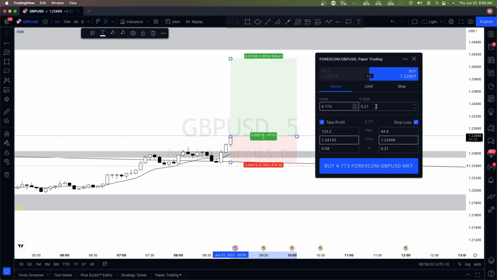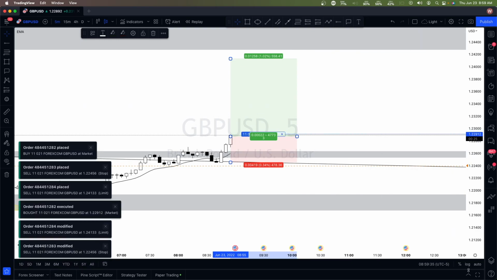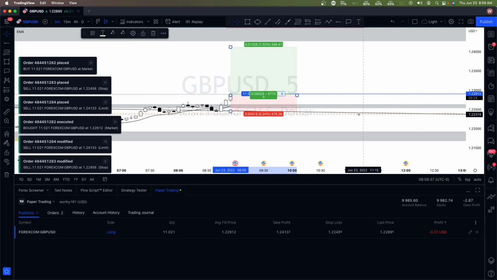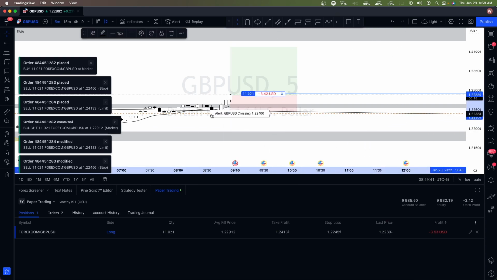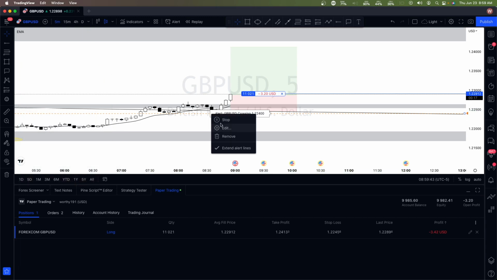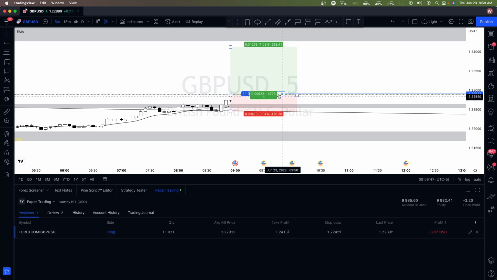I'm going to risk 0.5% right now, and then I'm going to add on. So we're in, risking 0.5% right now. I'm going to delete this alert, then edit this right here.